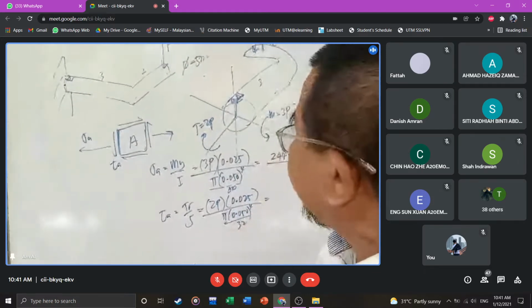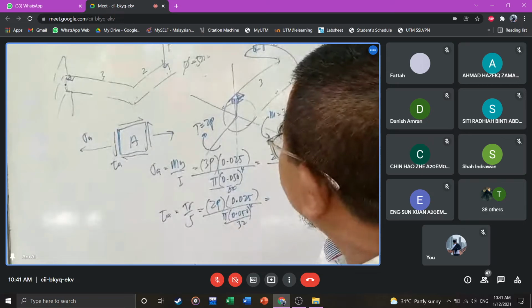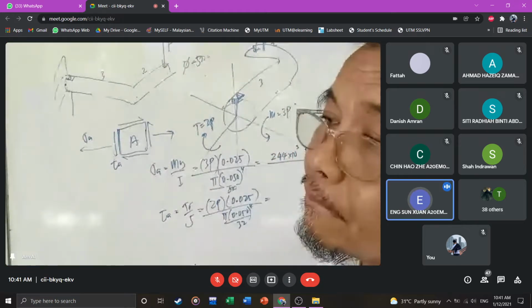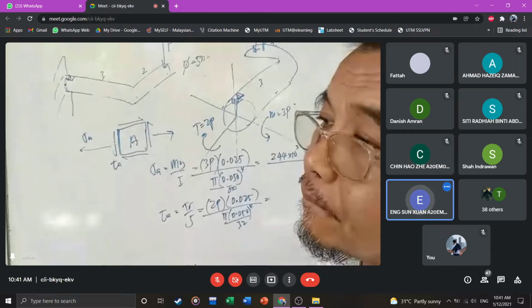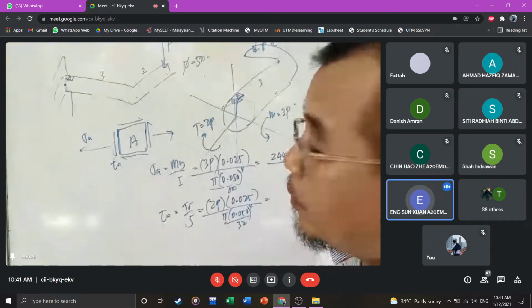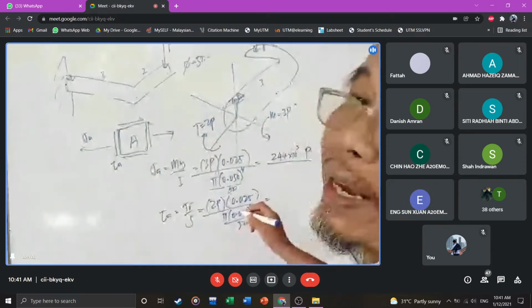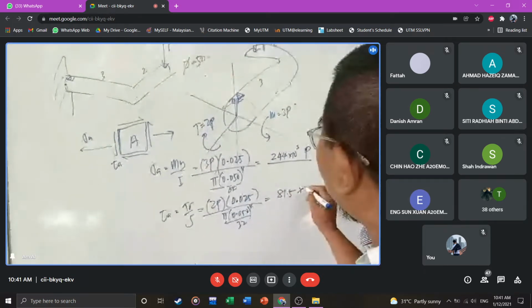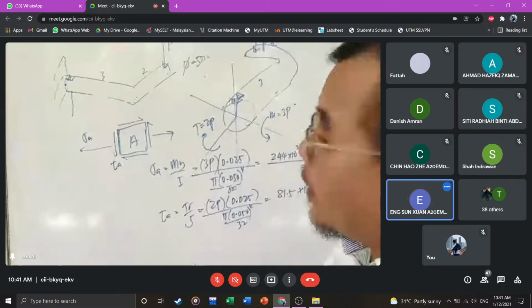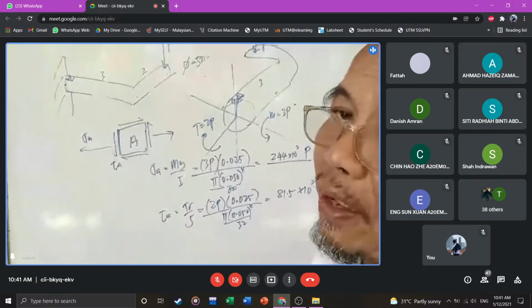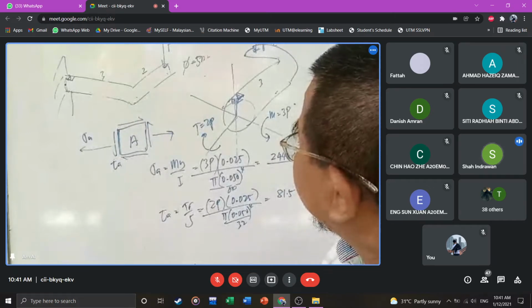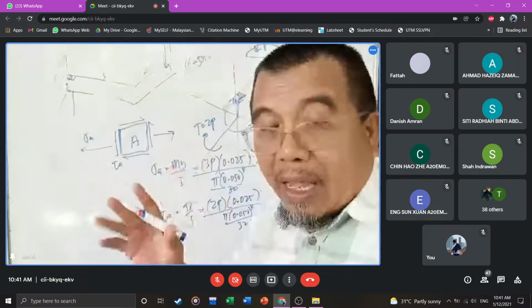So what is the value there? 81.5 times 10 to the power of 3 P. Okay, clear? Anybody confirm it? Yes, same.